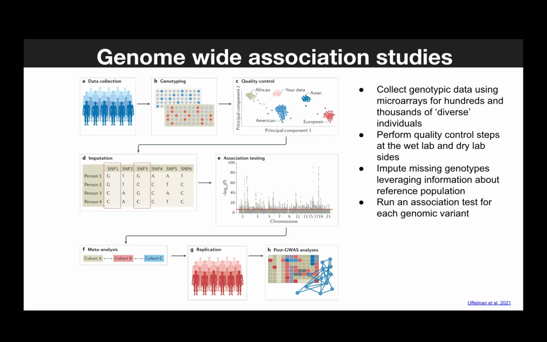So if I do this in India and then do it in China, I can do a meta-analysis. I would have come up with these associations in the Indian population, and I could have come up with associations in the Chinese population. Then I could find out which of these SNPs reproduce in terms of their replicability, right?